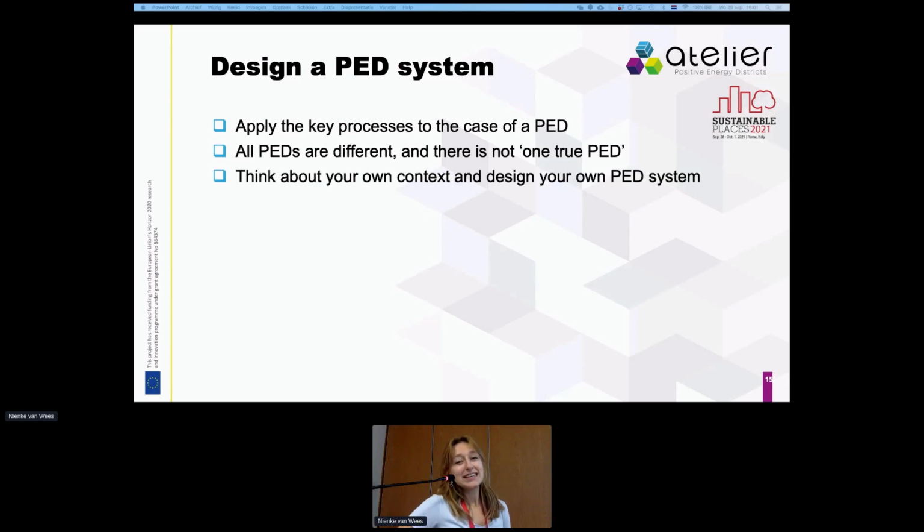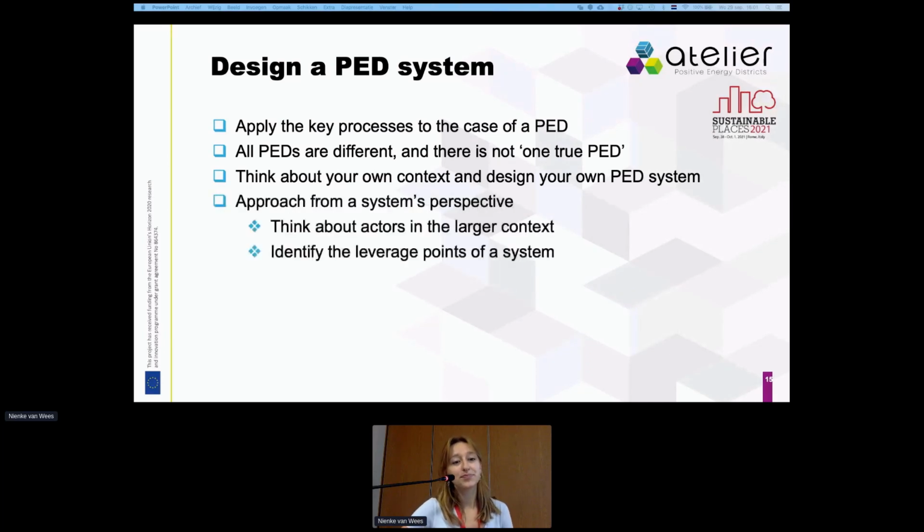And also, while saying that, think about your own context and design your own PED system that will work in your context, and approach this from a systems perspective. So think about the actors in a PED system in the larger context instead of focusing on one and thinking about what they can do.